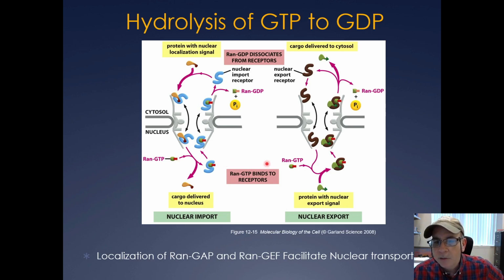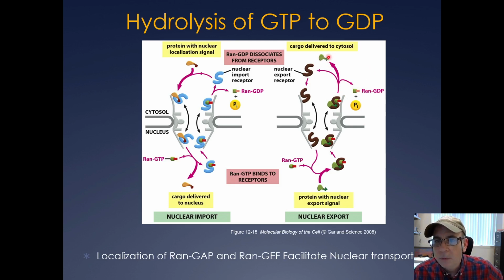Now, in the case with export, it's a little bit different, okay? What ends up happening is you'll have your protein with a nuclear export signal that'll bind to a nuclear export receptor, and that will also then associate with the RAN GTP, and that's all brought out of the nucleus, where the RAN GAP then hydrolyzes the GTP to GDP form, and that releases everything.